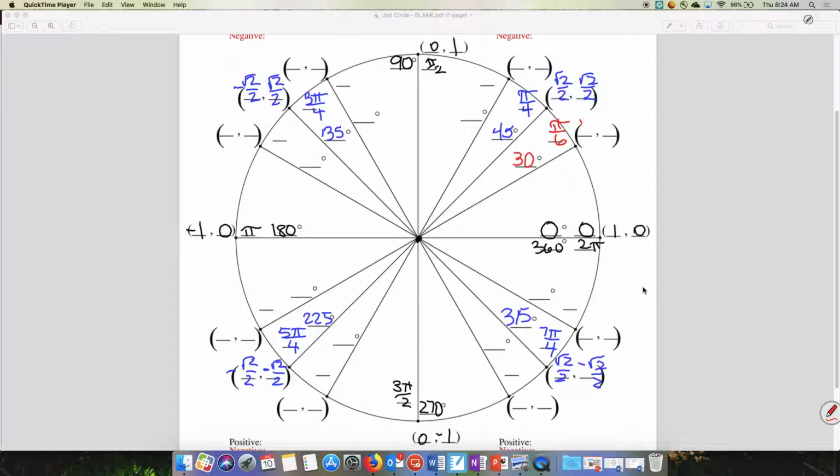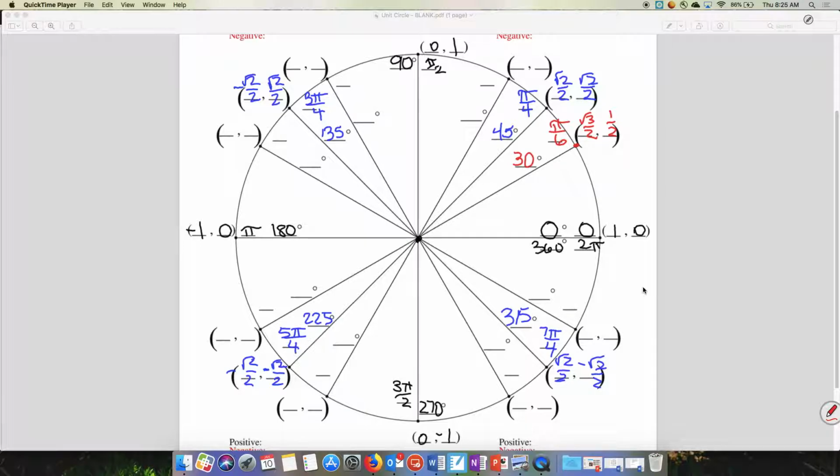So the coordinate, we had to travel to get there, over radical 3 over 2, up 1/2. We're doing this very slowly so you understand where these numbers are coming from. I'm not just pulling them out of thin air.